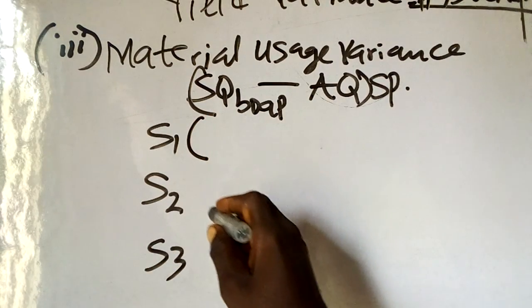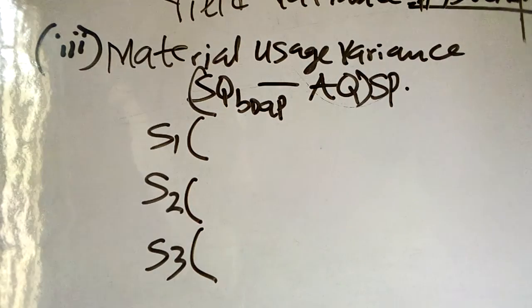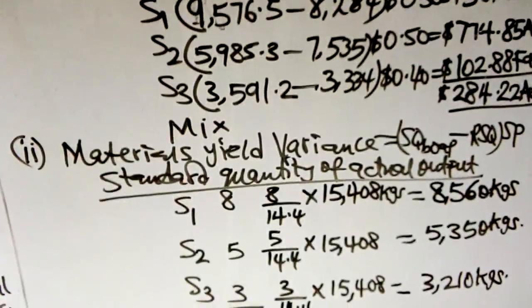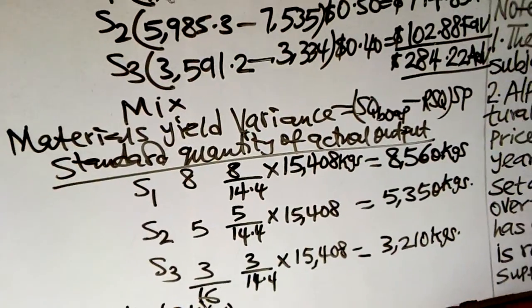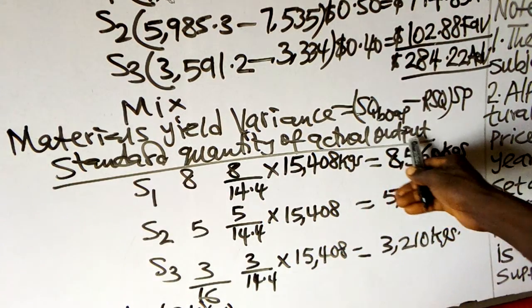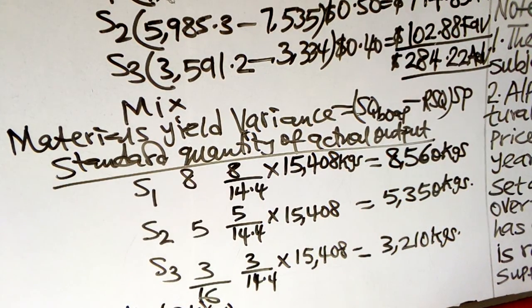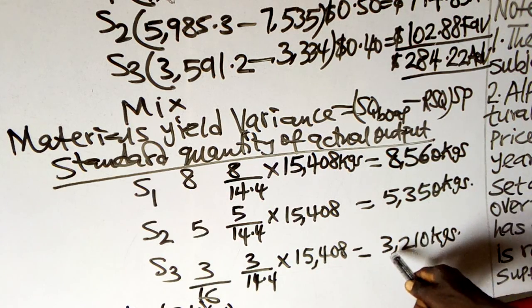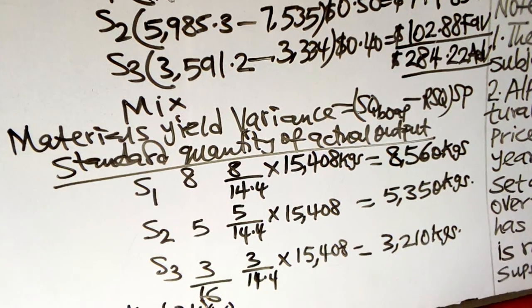Our standard quantity based on actual production, as calculated, still remains 8,560, 5,350 and 3,210.